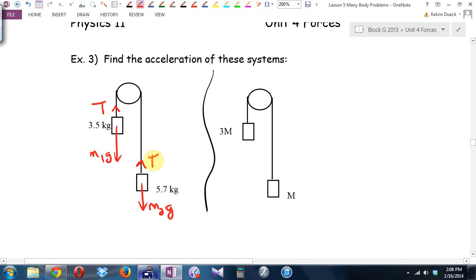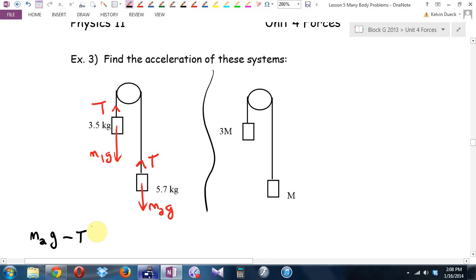Who's winning? Who's losing? Anything that points up when it gets to the right-hand side. What's my equation going to be like? Winner minus loser. Keep going. I run into another tension. Loser, pointing up. Oh, wait a minute, though. When it goes across the pulley to the other side, which way does it end up pointing?